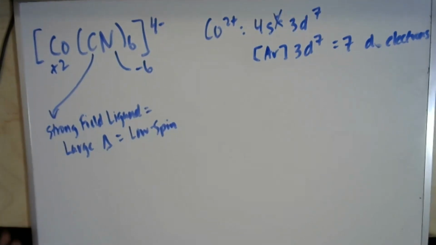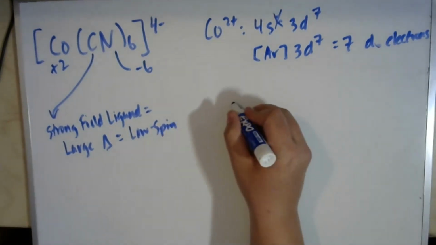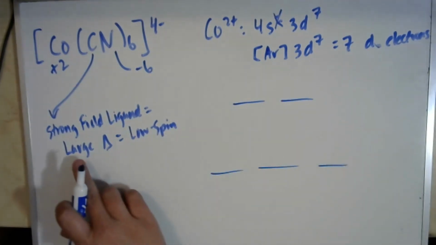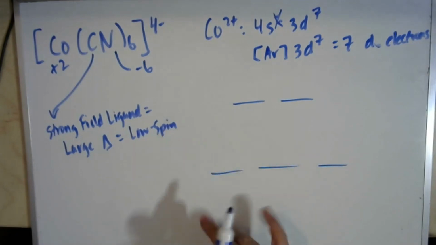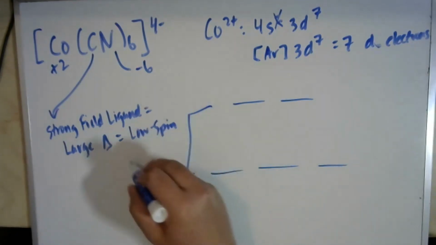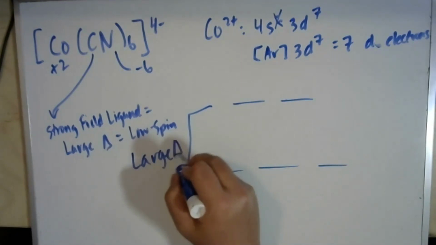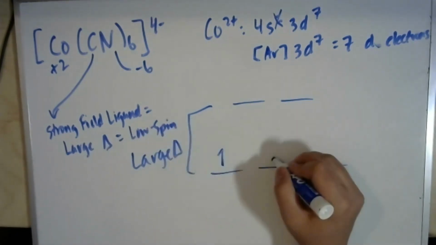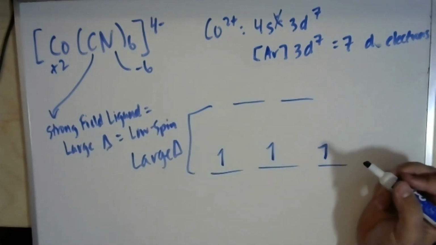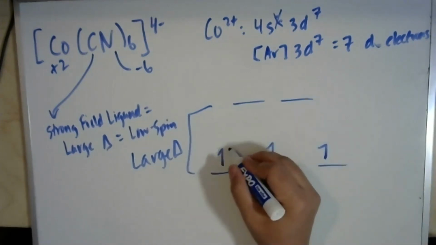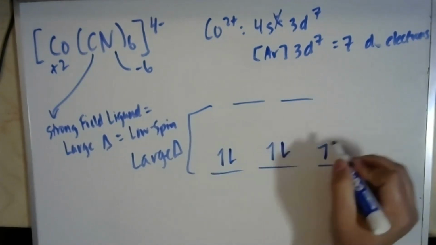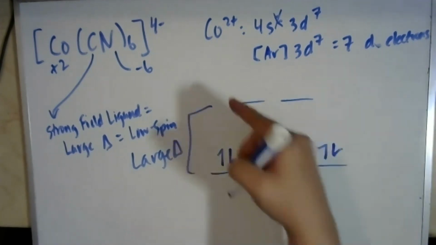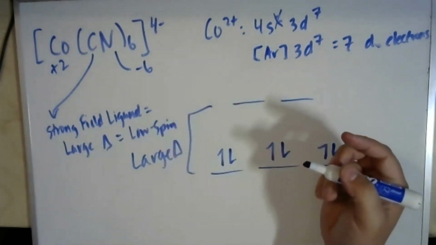Okay, and if our 7 d electrons are going to be trying to fill this strong field orientation with this very, again, large delta value here, your electrons are going to go 1, 2, 3. Electron number 4 is going to say, I'm staying down here, 4, 5, 6. And in this case, that 7th electron is going to be forced up top because there's nowhere for it to go.